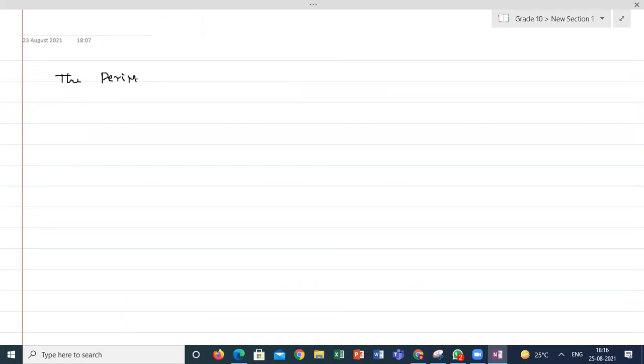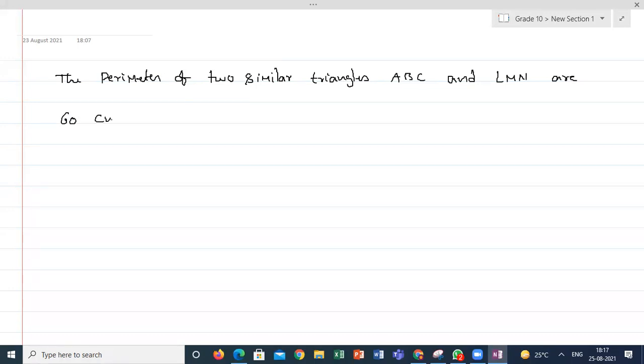The perimeters of two similar triangles ABC and LMN are 60 centimeter and 48 centimeter respectively.